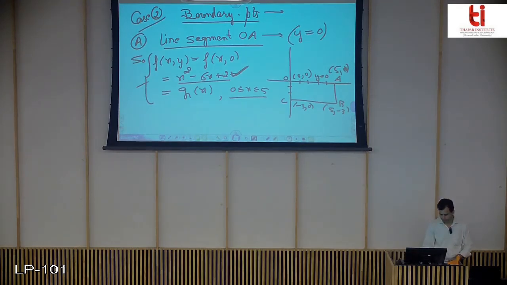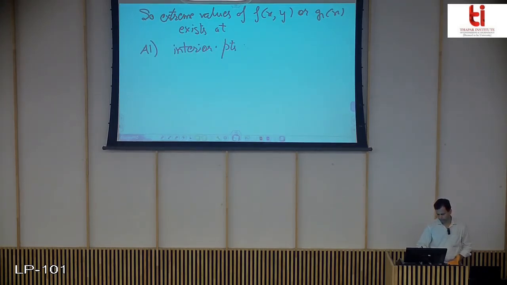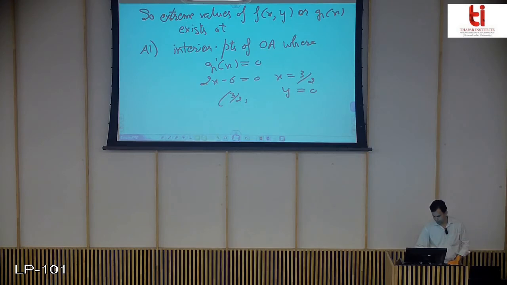So extreme values of f(x, y) or g1(x) exist at interior points of OA where g1 dash is equal to 0. g1 dash is 2x minus 6 equals 0, so x equals 3 by 2, y is 0, so you get the point 3 by 2 comma 0.